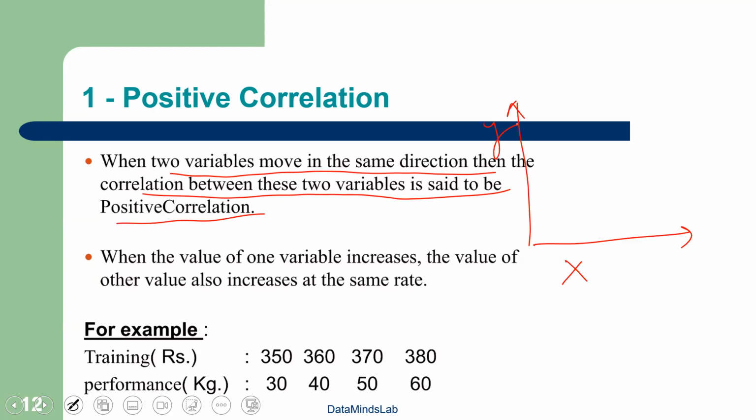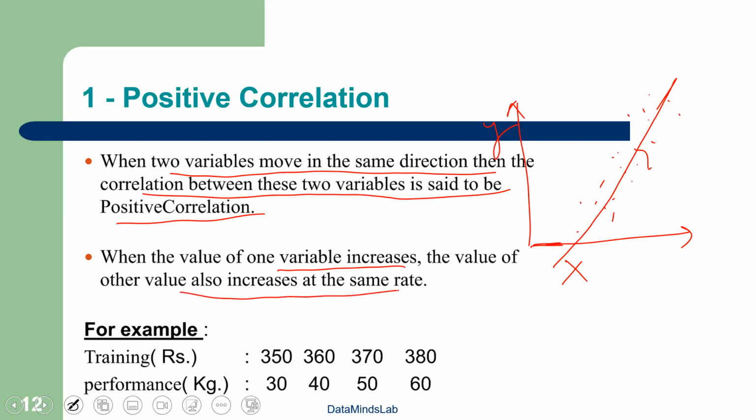If I increase something here, there will be an increment here. If I go with the linear, I would have a line something like this, with some scatter points over here. These are my points of x and y, and the change would be something like this. When the value of one variable increases, the value of the other also increases at the same time.